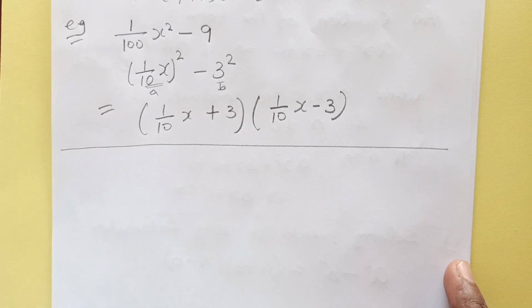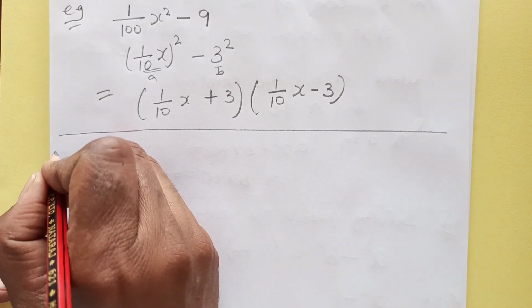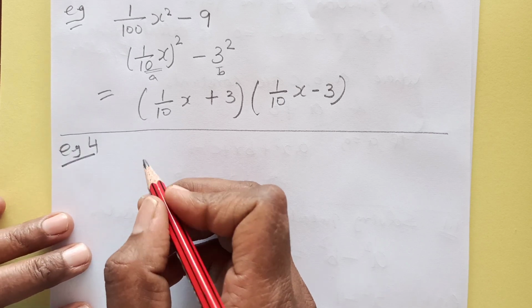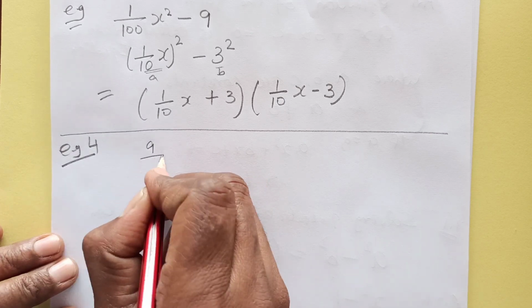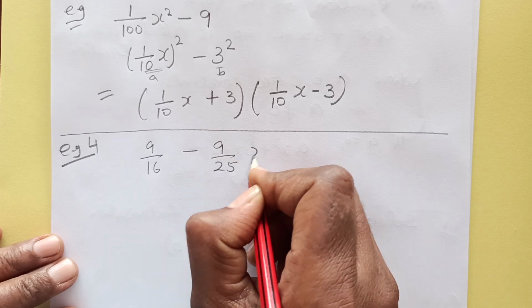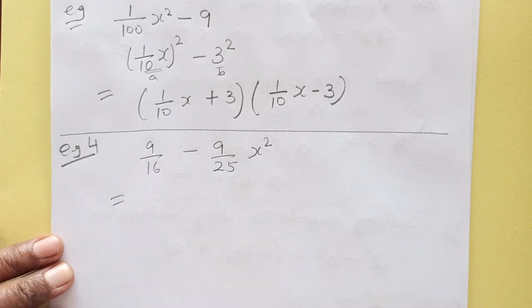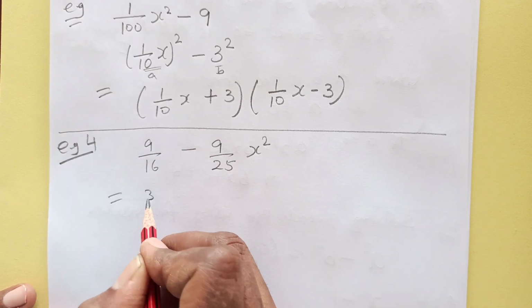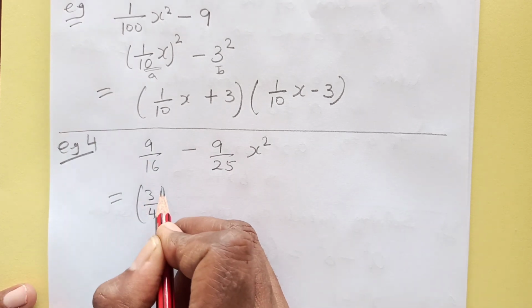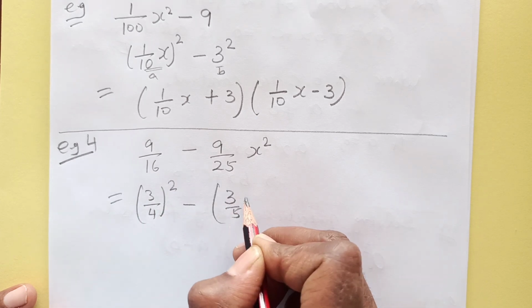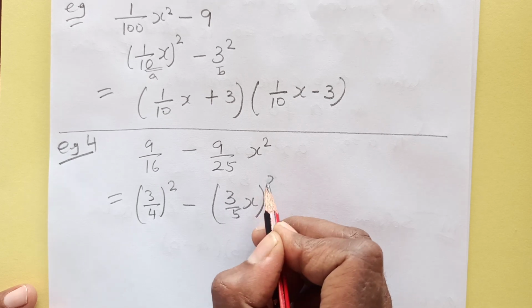Now next one, we can have 9 over 16 minus 9 over 25 x squared, right? So now think about it. What can you do? This can be 3 over 4 squared minus 3 over 5 x, there is x here, squared.